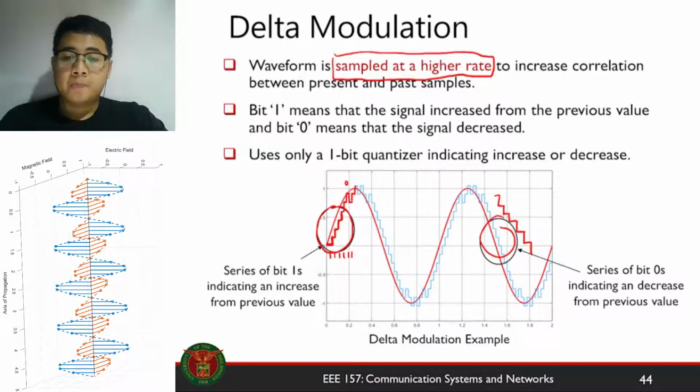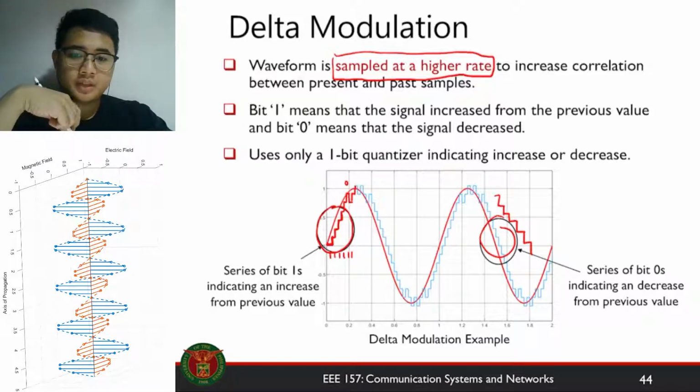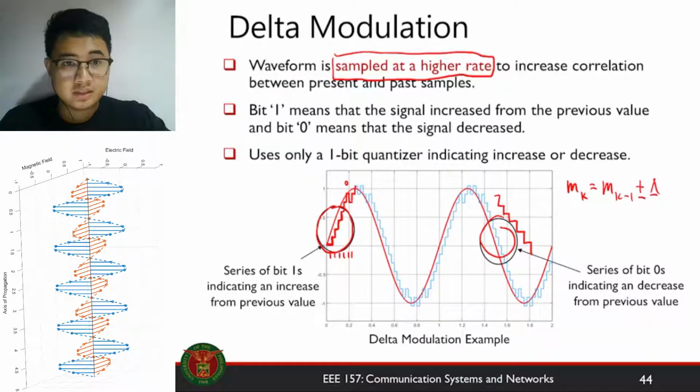So in contrast to pulse code modulation, where the signal level is encoded directly to the bits, delta modulation uses the bits to represent a change in the signal. Your present sample, let's call it m sub k, is related to m sub k minus 1, plus or minus delta.